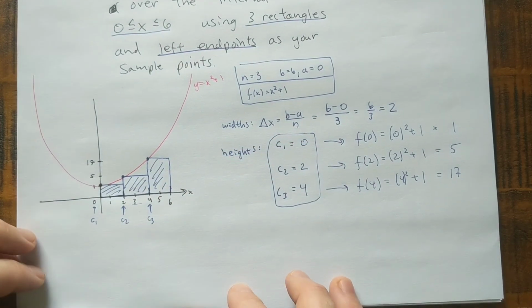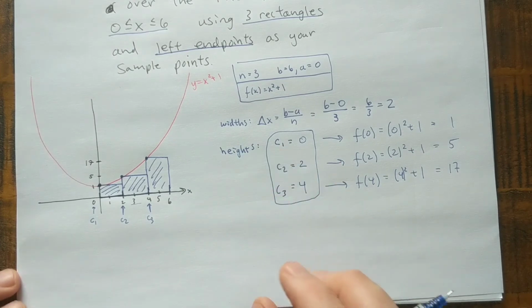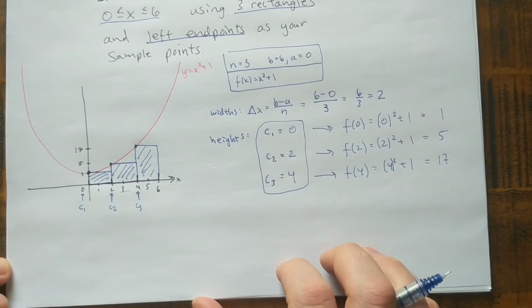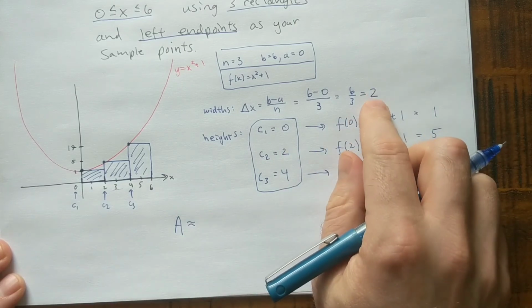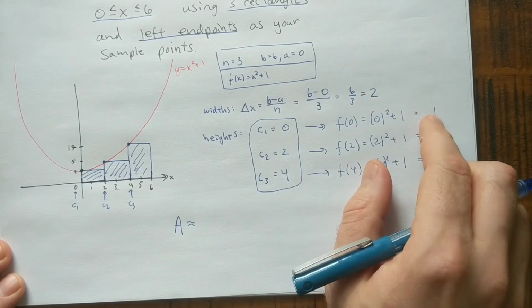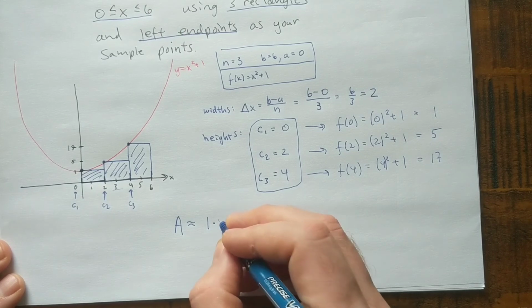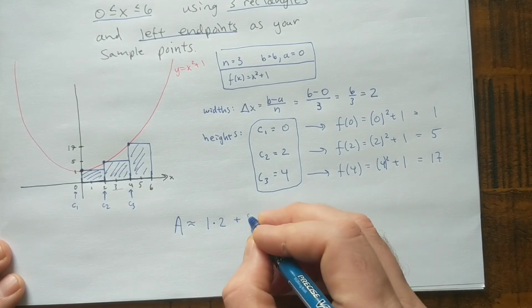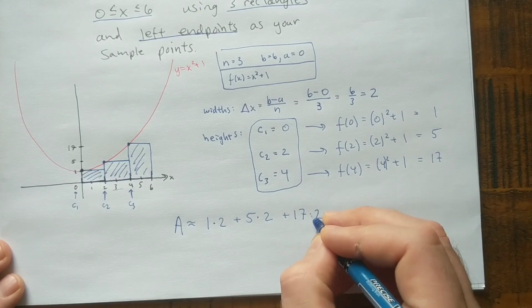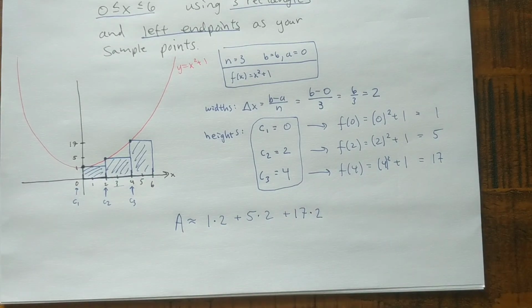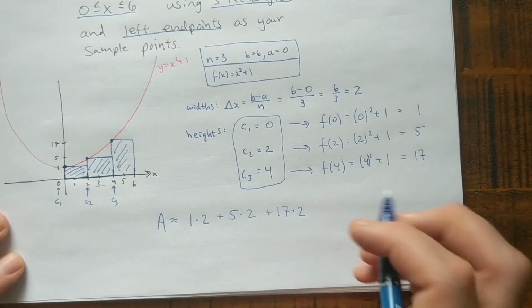Okay, but to compute this area, you don't need this picture. I just wanted to draw it to have something to go along with it. The area is just going to be the areas of each of these rectangles. So 1 times 2 plus 5 times 2 plus 17 times 2. We can just compute it this way, right?